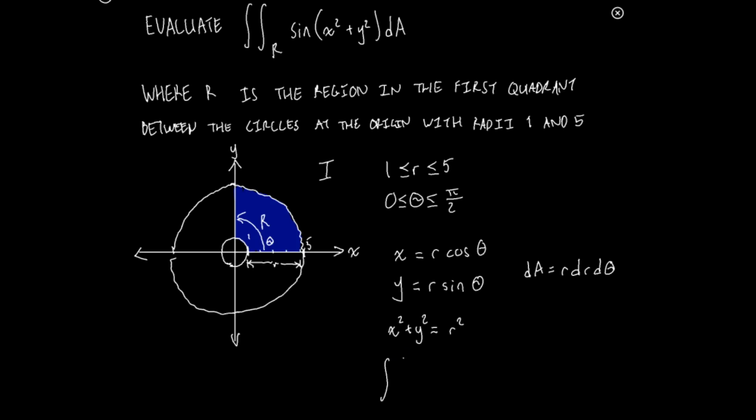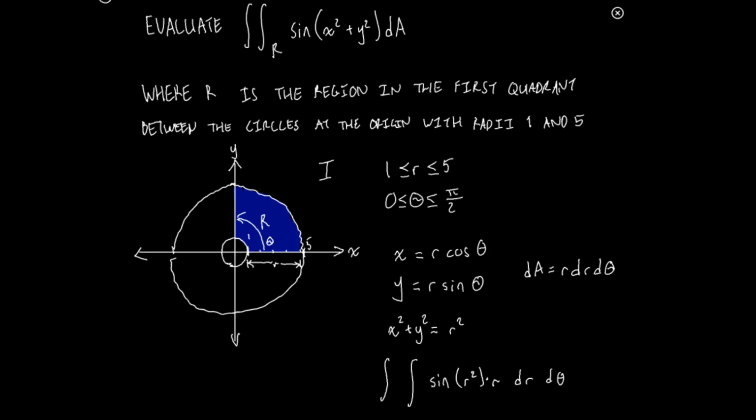So we have the double integral of sine of, well, this is x squared plus y squared, and we have an identity for that, so that's r squared. Sine of r squared, times r, dr d theta.